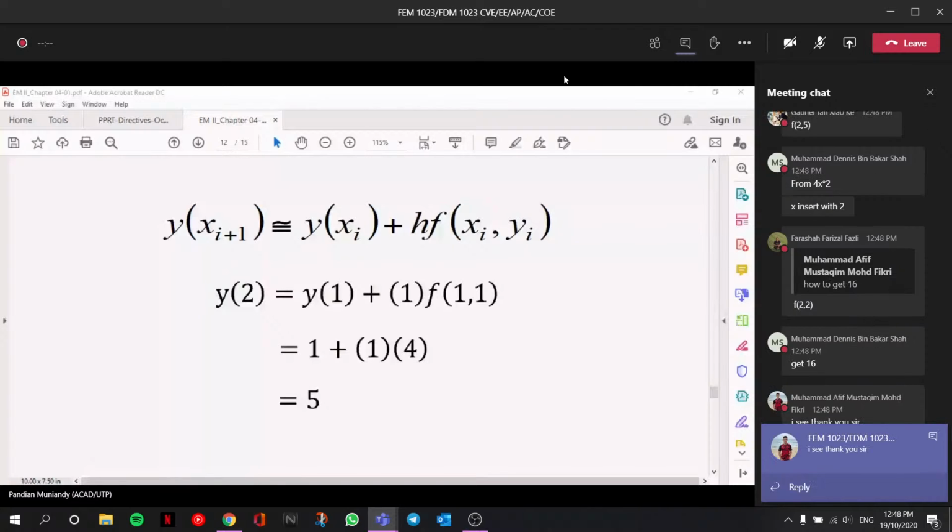So the overall 5 plus 4 star. There is a star.